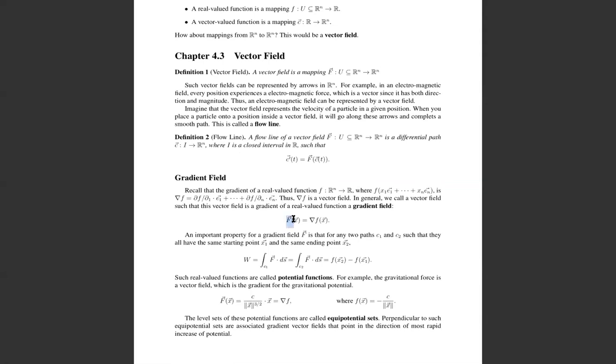So if a vector field is a gradient of a real value function, then we call it a gradient field. Remember, a gradient takes a real value function into an n-dimensional vector by taking a partial in each component.